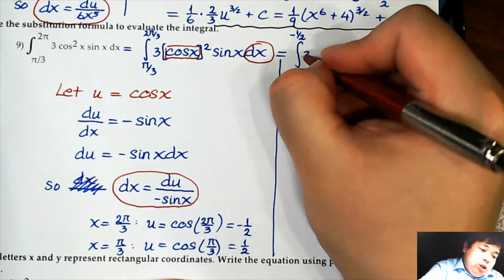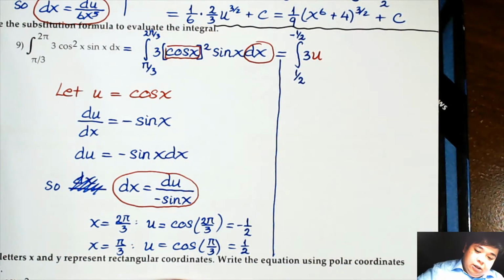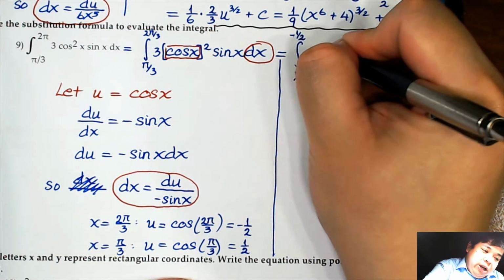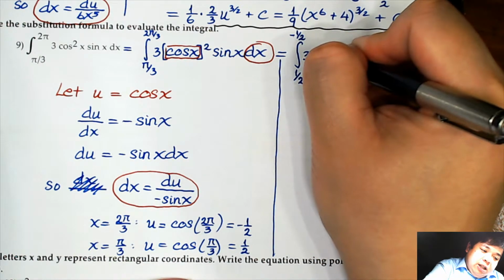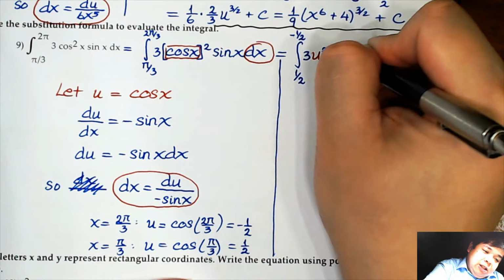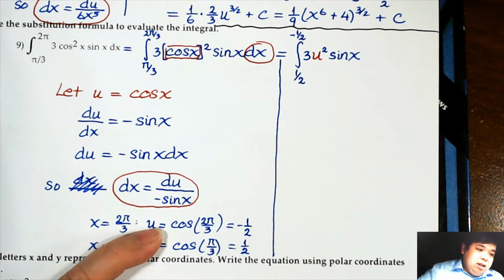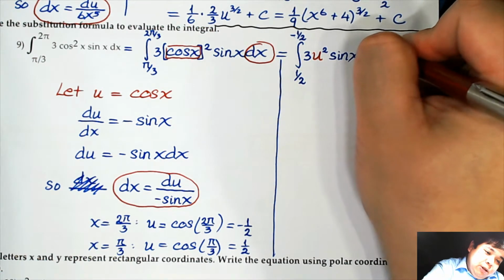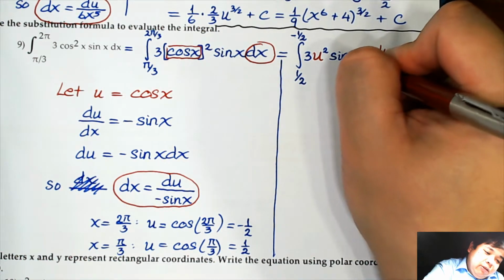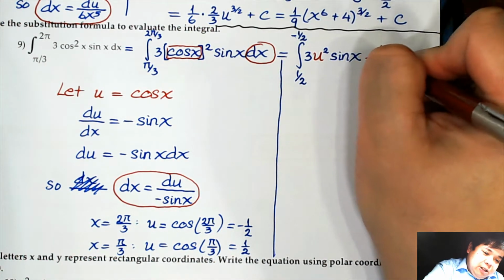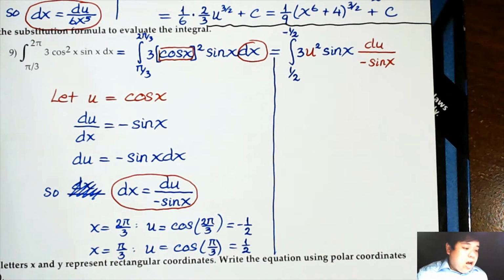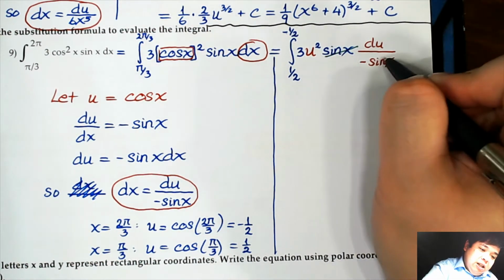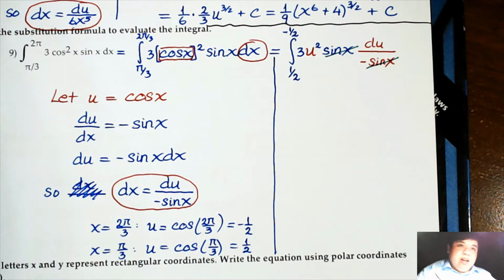That is going to be u. And then we have sine squared of x. The dx is du divided by negative sine x. If everything works out perfectly, that should take care of it.